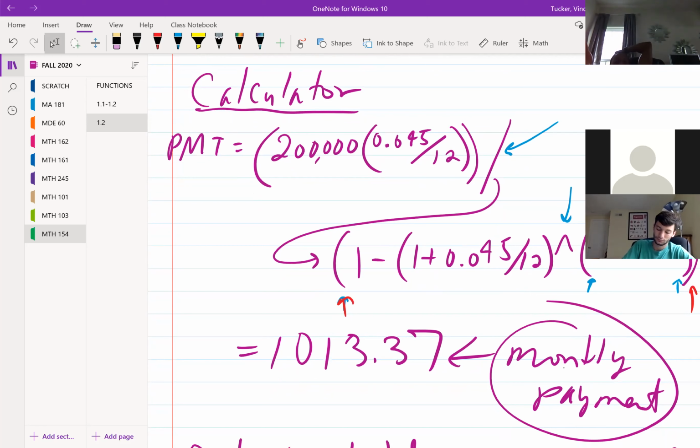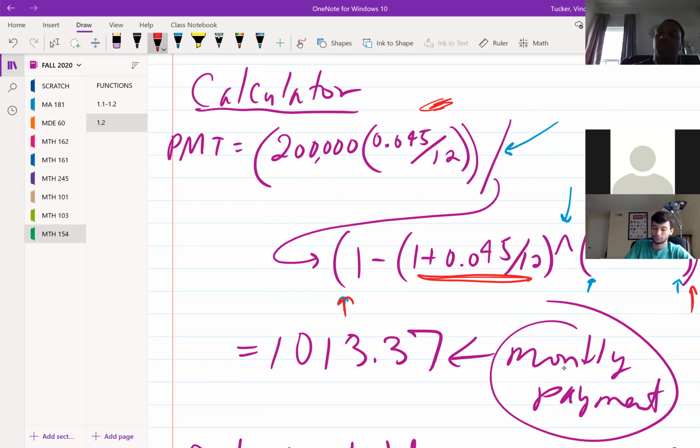Now, if you don't have a calculator that you can put it in like that, then you'll have to follow order of operations and write down some numbers so you can come back to them. So you would do 0.045 divided by 12, whatever that number is, times 200,000. Then you hold that number, save it, write it down, maybe go out 4 or 5 decimal places. Then you do what's in the parentheses first, remember, order of operations.